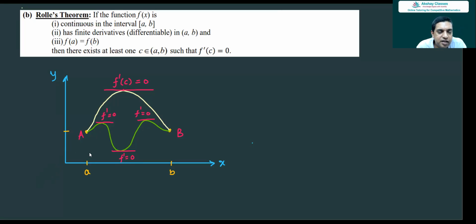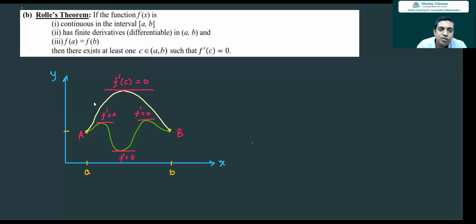For example, if you take sine x from 0 to 20 pi, then between 0 to 2 pi, you have 2 points, one maximum and one minimum, at pi by 2 and 3 pi by 2. So into 10, you can get 20 such points.